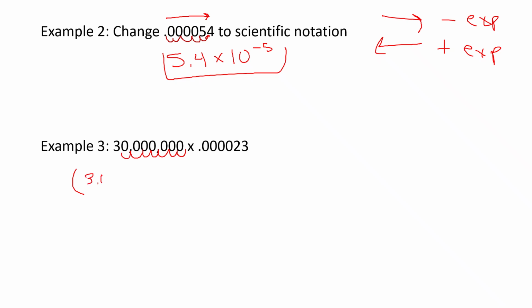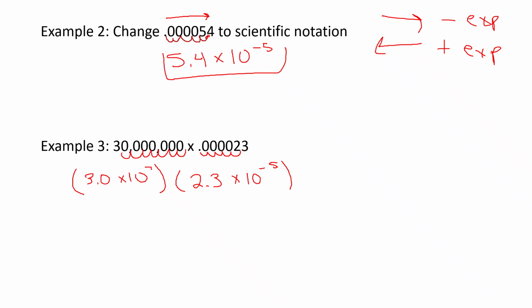So it becomes 3.0 times 10 to the positive 7, because I'm moving it to the left, times 1, 2, 3, 4, 5, so it becomes 2.3 times 10 to the negative 5th power, because I'm moving it to the right.